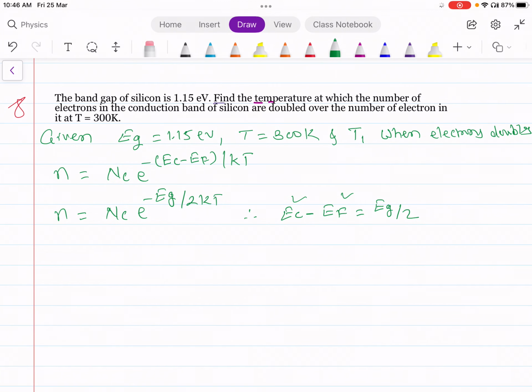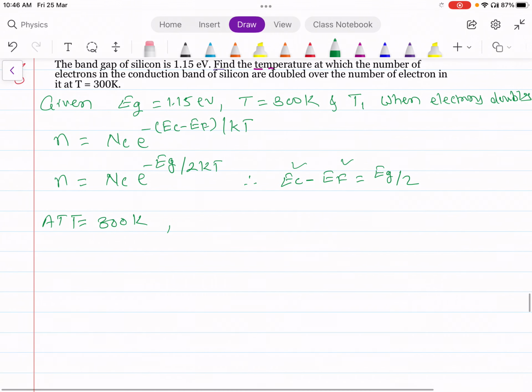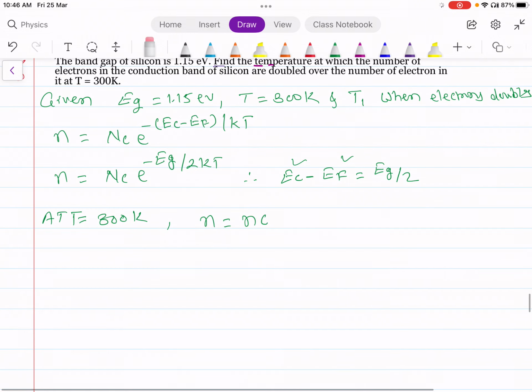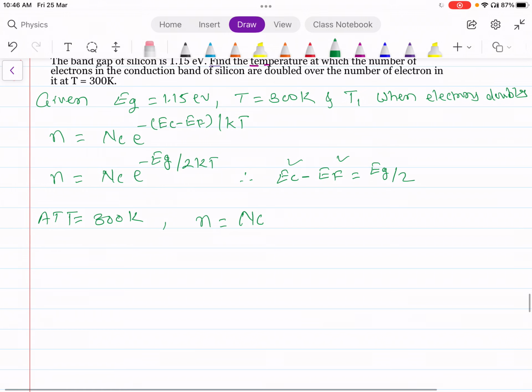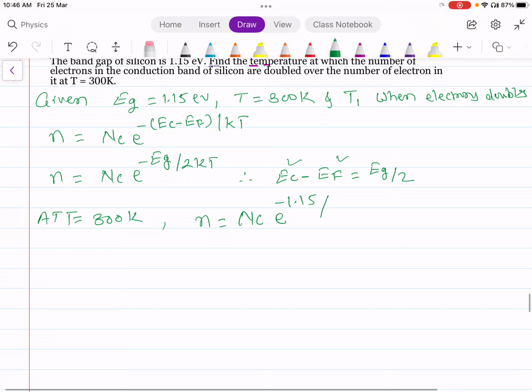Let us substitute the values when the temperature is 300 Kelvin. So this equation we can write as N equals Nc e raised to minus Eg, that is minus 1.15 divided by twice KT.